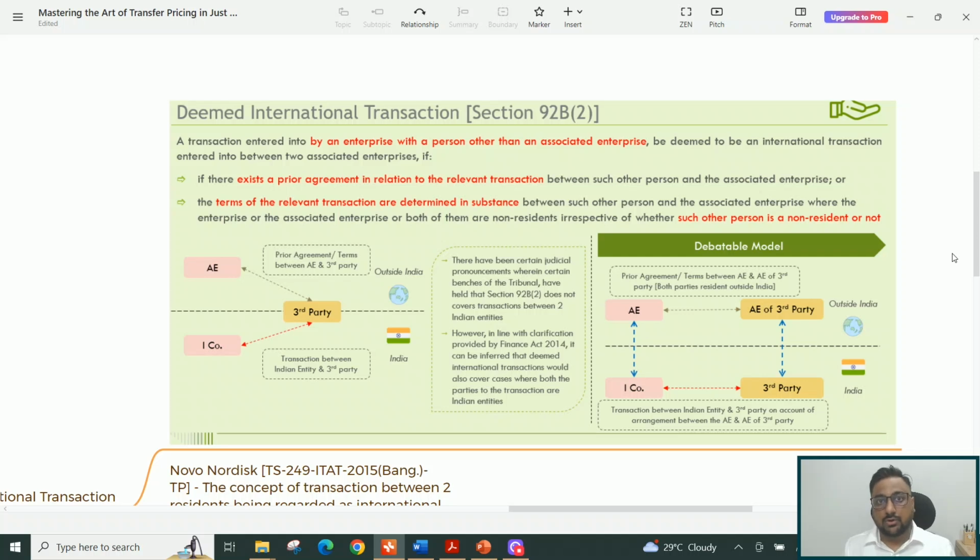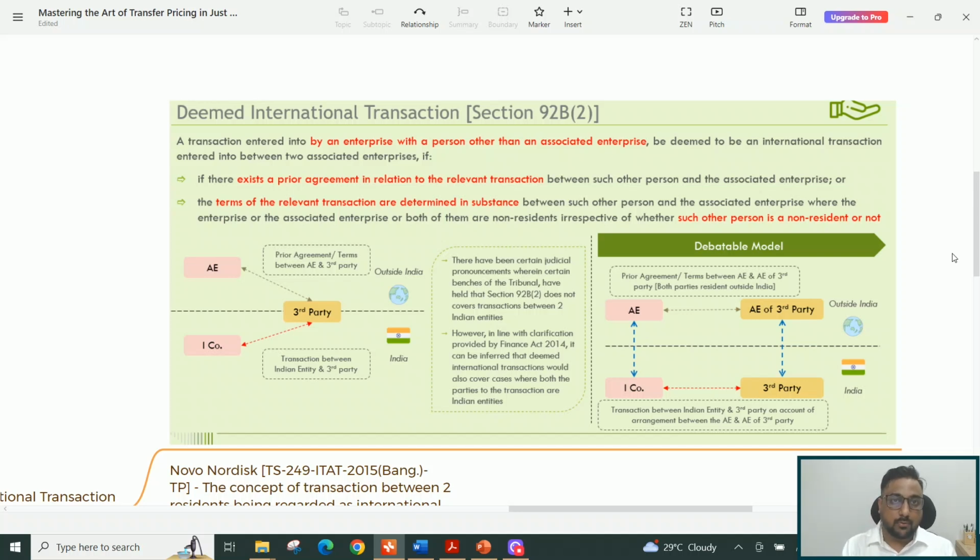But in this case the risk would be very less because the terms would have been agreed at the higher level. If the two groups are not related to each other, you can justify well that the same price would have been paid in the third party scenario also. But it is important that you report that transaction under Form 3CEB.